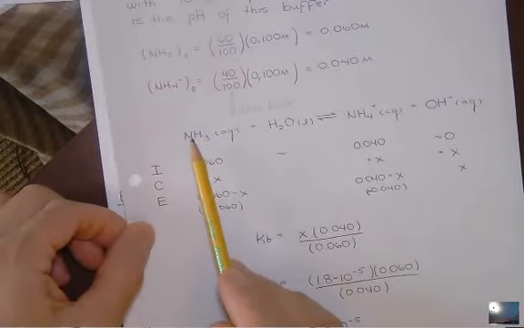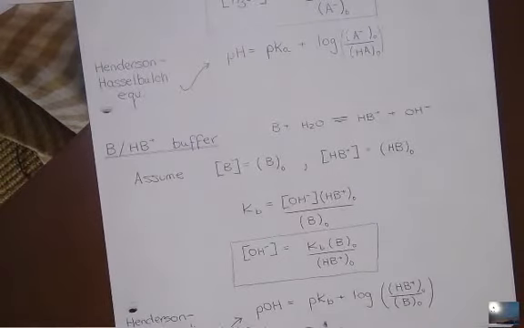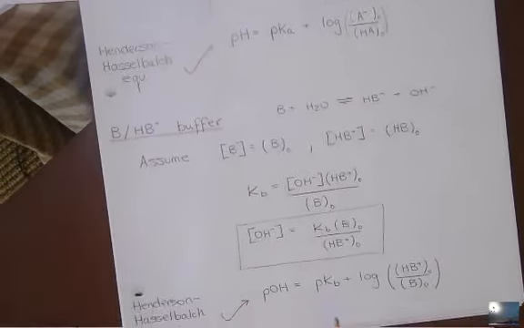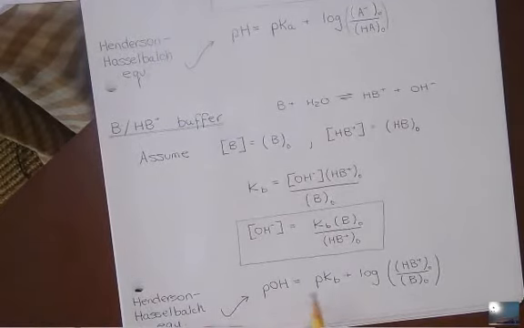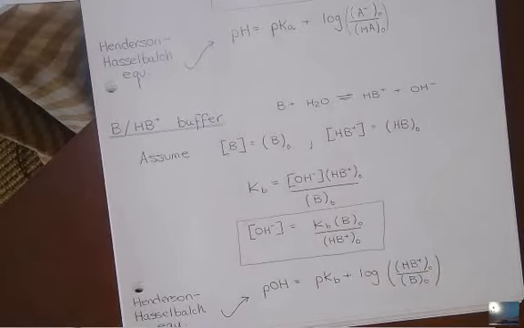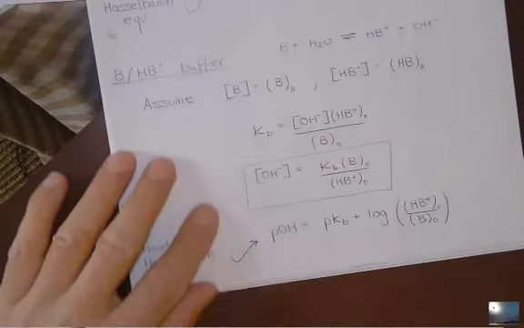So this one, the second example, the one we just did right here, I could have equally done it using this cool little equation, right? And I would get the pOH is equal to the pKb plus the log of the original concentration of HB plus over B0. Okay, so pretty easy, so I'll go ahead and do that. Let me move this up.